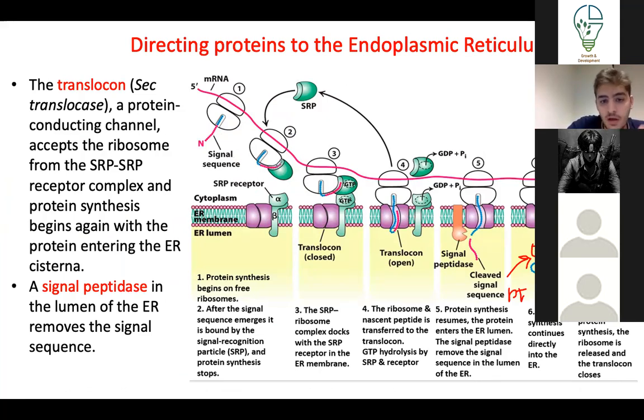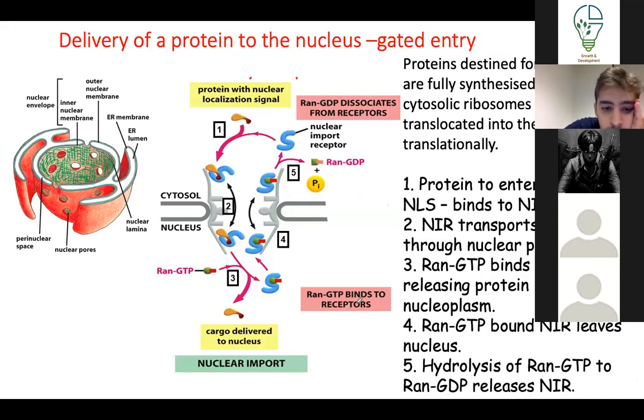The extra points are that translation continues in the rough endoplasmic reticulum. That's one important point that you should keep in mind. Here, the point that no cleavage occurs: you don't cleave the nuclear localization signal. I think that's an important point that you should recognize, along with this.